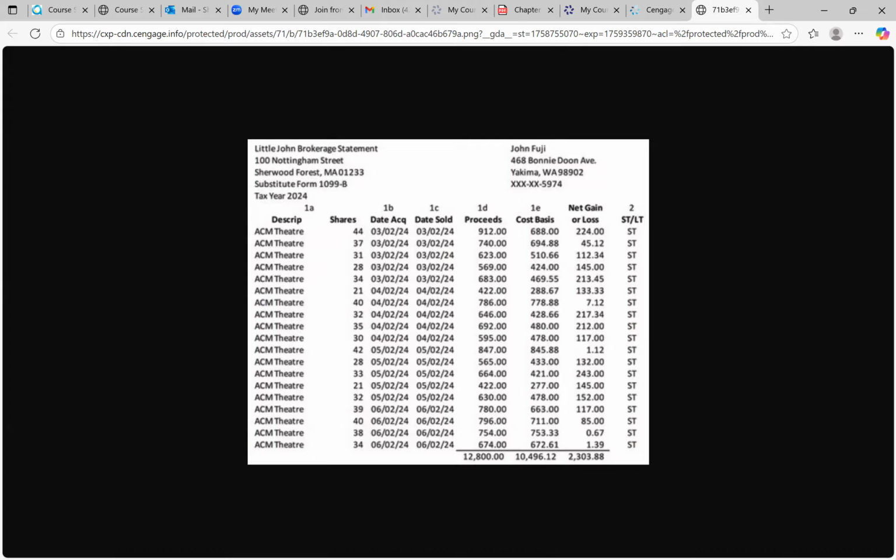So you'll be able to see here on Schedule D, let me find my Schedule D here. The total transactions of 12.8, the cost basis here, 10,496, gives you a short-term capital gain here of $2,304. Okay, guys, moving on.